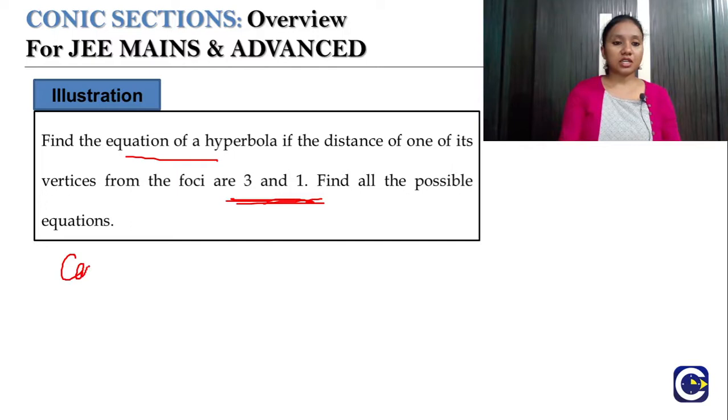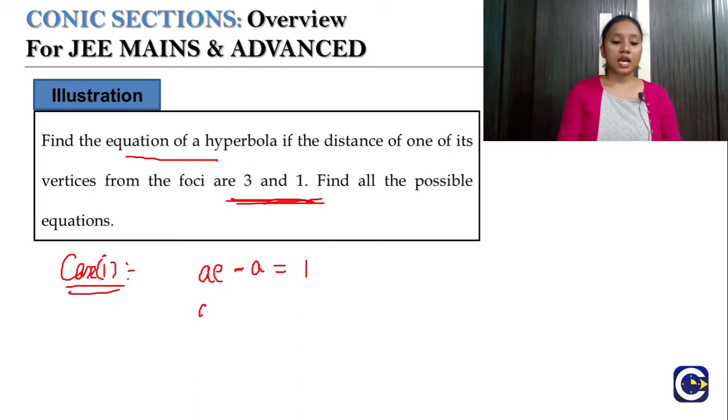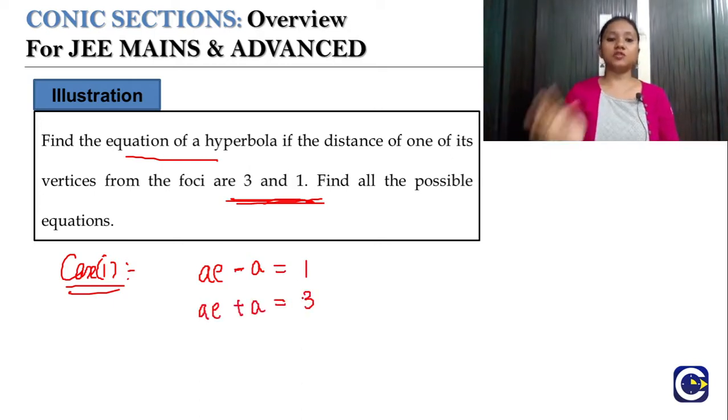So let me consider case 1. If the distance of one of its vertices from the foci, that means ae minus a, is equal to 1, as it's a difference so it will be the smallest value, and the next one, ae plus a, will be equal to 3, because it's vertex to focus.